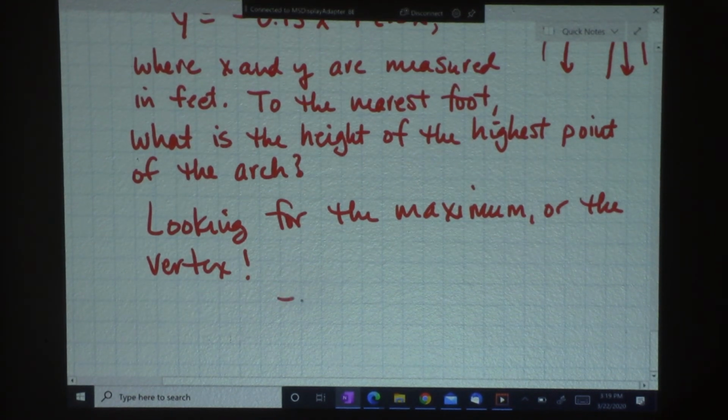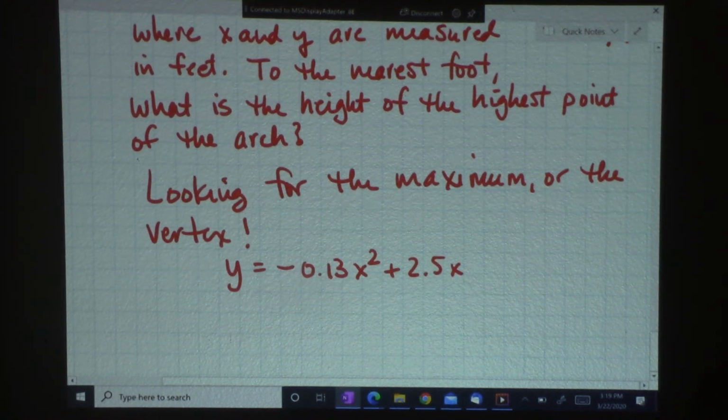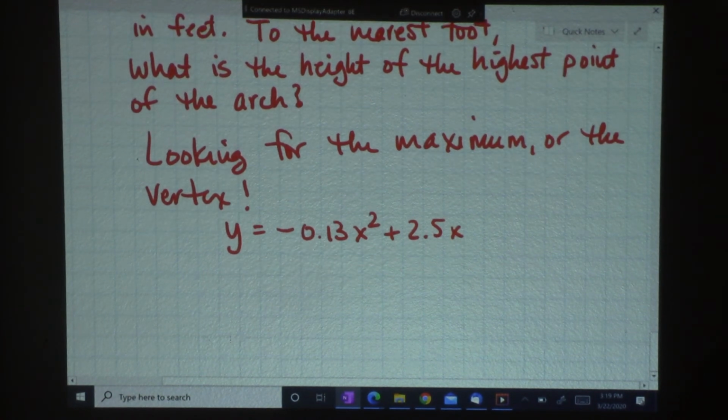I have y equals negative 0.13x squared plus 2.5x, okay. So we just have a few decimals to work with. They're actually not bad. So I have x equals negative b over 2a. I'm using my axis of symmetry formula to find the x coordinate of the vertex.